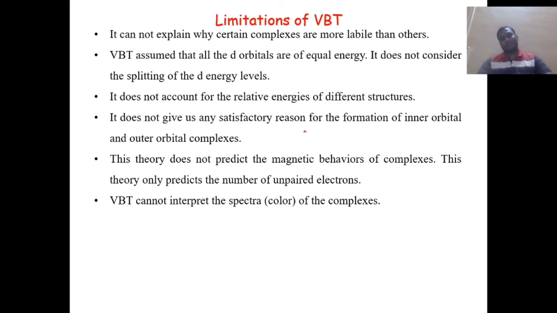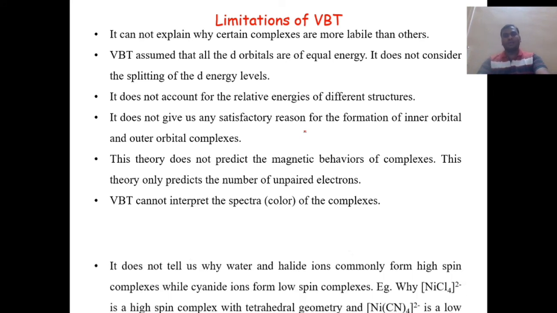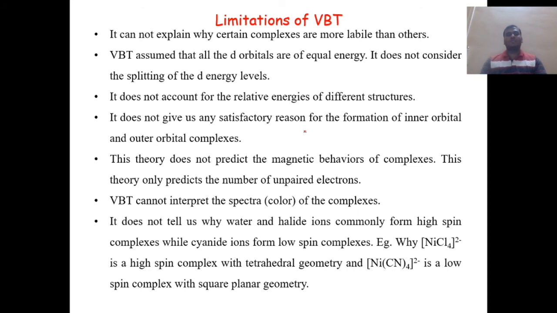Again, very important, about the coloration: valence bond theory cannot interpret the spectra or color of the complexes. It does not tell us why water and halide ions commonly form high spin complexes while cyanide ion forms low spin complexes.